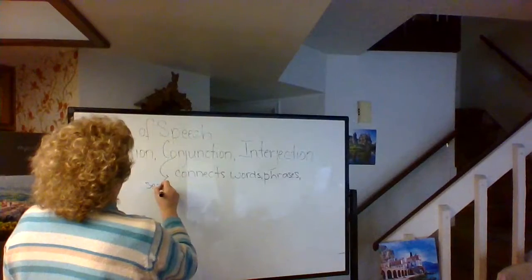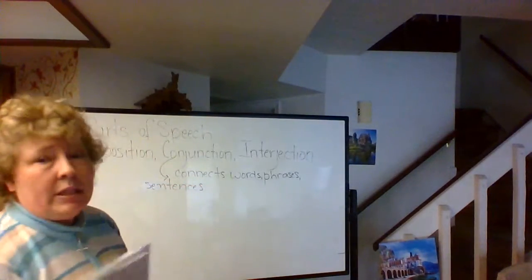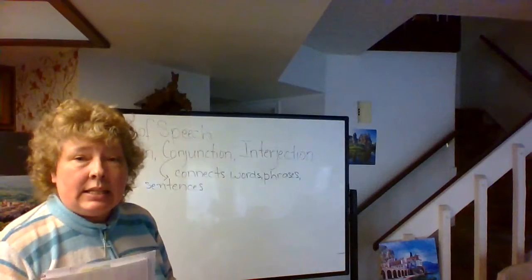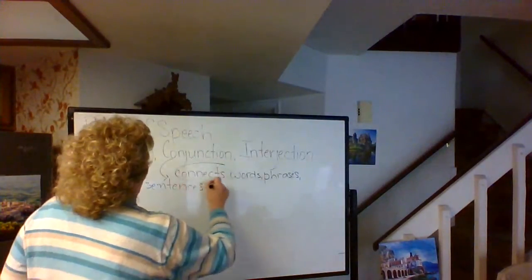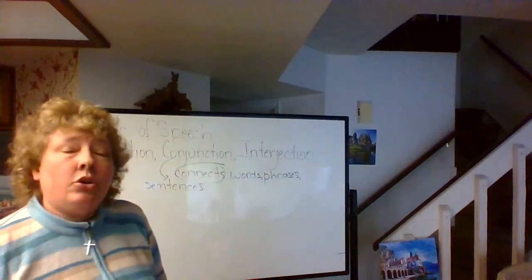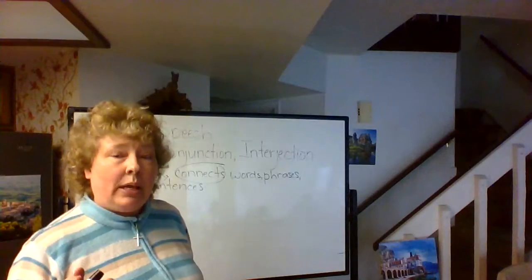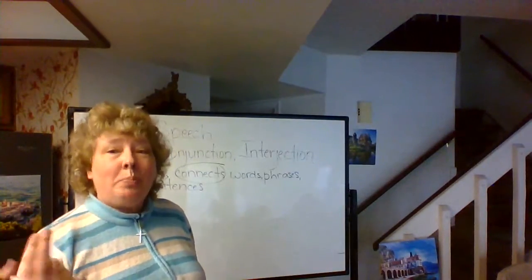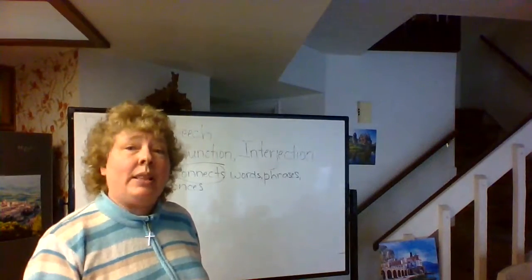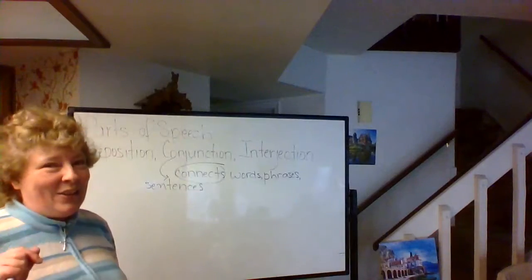Connects words, phrases, sentences. Does that make sense? So the key here is connects. With the preposition, it's showing relationship. With your adjective and adverb, you're talking about describing. With your pronoun, you're talking about replacing something, right? Namely the noun. Okay, good job. See, we got all those 5 covered.